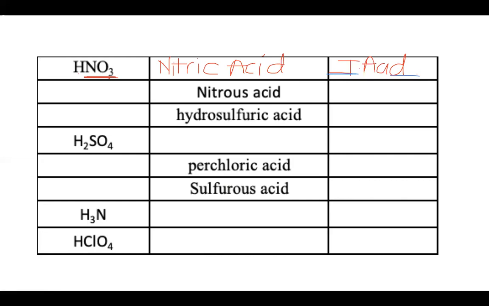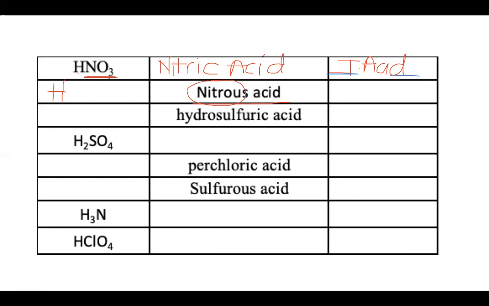Let's look at the next one. The next one, we have the name and we have to write the formula, and it says nitrous acid. I know that in the formula, I will have an H for sure at the beginning because it's an acid and all the acids start with H. What I have to look for is nitrous.